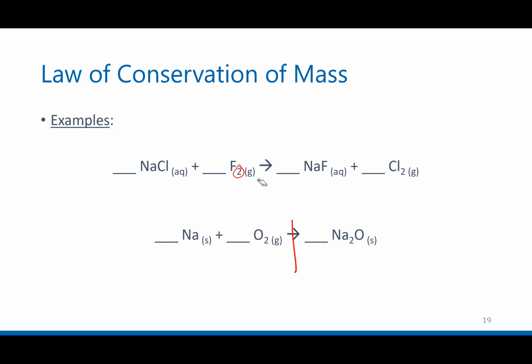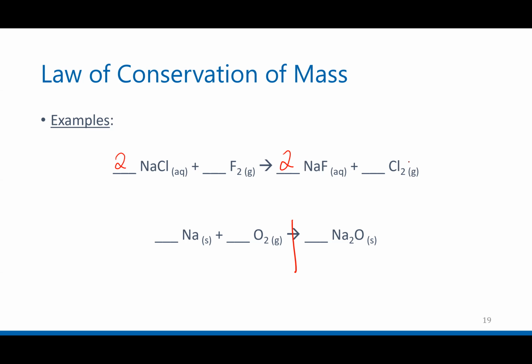So a very quick fix for this would be to just put a 2 here. Now I have another problem I've just created. By putting a 2 here, I've actually doubled my sodium. I also have two chlorines. So another easy example would be to put a 2 here, and I think I'm done.